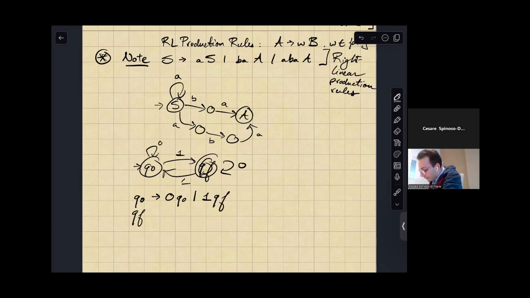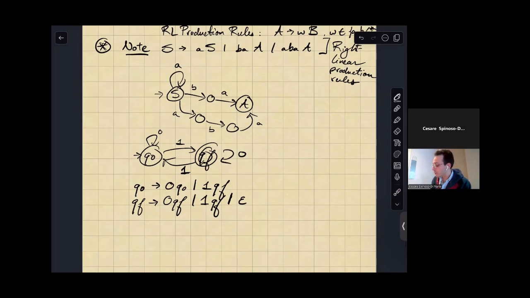And then from QF, reading a 0, you can stay at QF. But reading now means generating in the context of the grammar. And here, if this is a 1, then QF also has the production rule 1 QF. And finally, because this is an accept state, I also want to include the empty string.